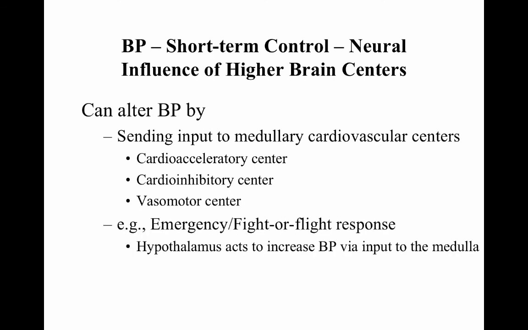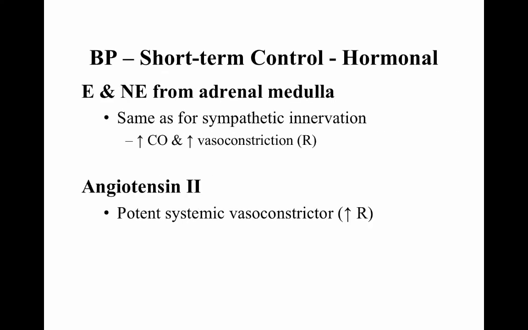In an example of this, during an emergency or fight or flight response, the hypothalamus acts to increase blood pressure via input to the medulla. Epinephrine and norepinephrine from the adrenal medulla function the same as sympathetic innervation, and we see an increase in cardiac output and an increase in vasoconstriction. Angiotensin II is also a potent systemic vasoconstrictor.